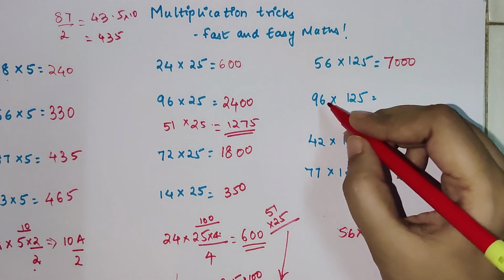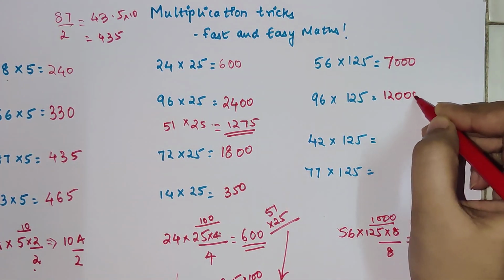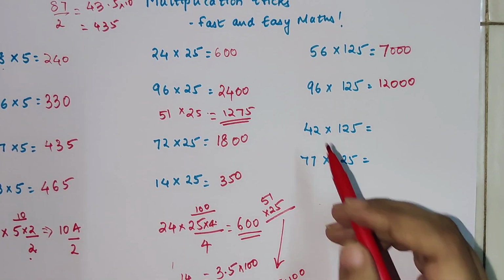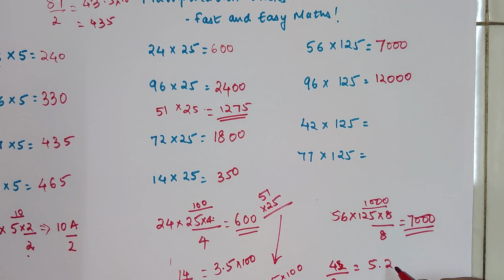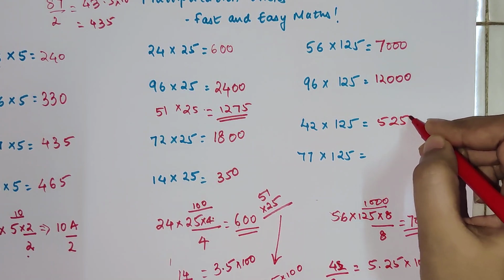Similarly 96 into 125, 96 divided by 8 is 12, and you're going to add 3 zeros. Now this is not a number which is divisible by 8. So 42, you will just divide, you will have 5.25. So this will get multiplied by 1000. So your answer is going to become 5250.